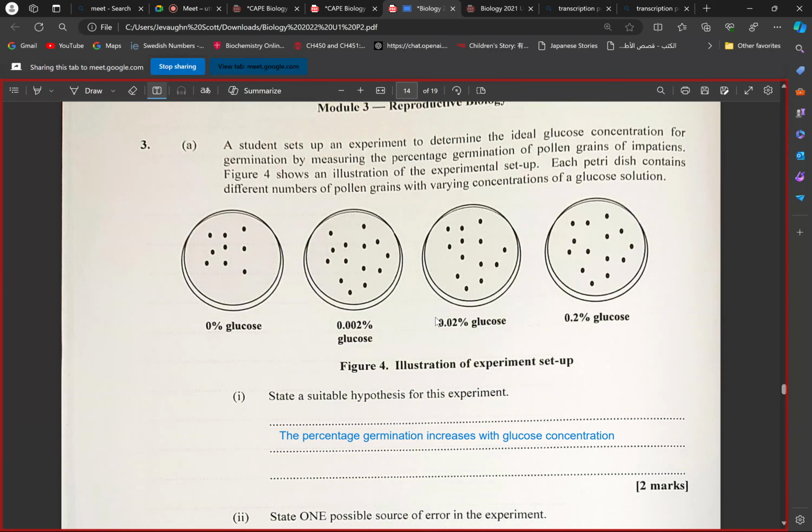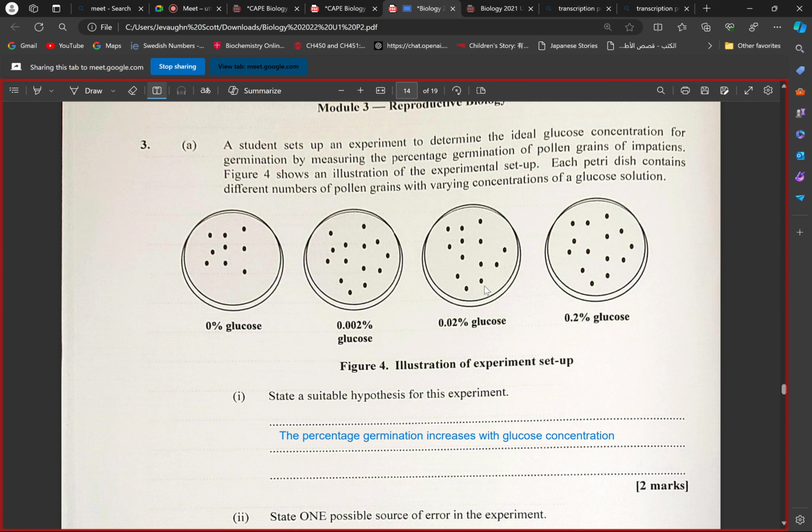If glucose is the thing that the experimenter manipulated, they put 0% glucose in this petri dish, then 0.002%, then 0.02%, then 0.2%, right? So what we're doing is changing that. That is our independent variable. What is the dependent variable? That is what would be the response of our experiment.